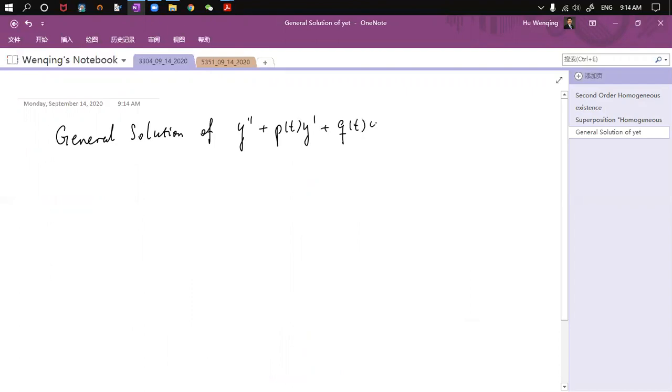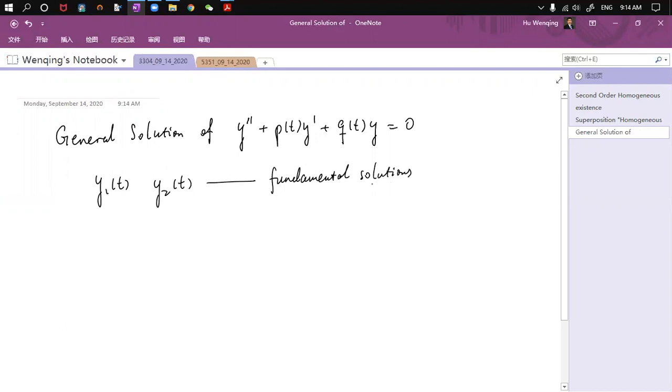I'm going to consider such a homogeneous second order linear equation, but not necessarily with constant coefficients, just homogeneous and linear. The general solution is going to be built from y1 of t and y2 of t. These are what we call the fundamental solutions.